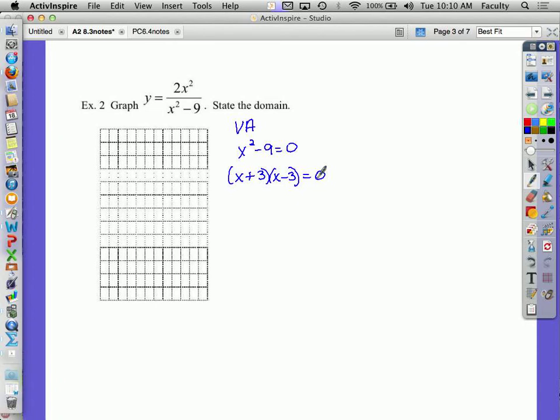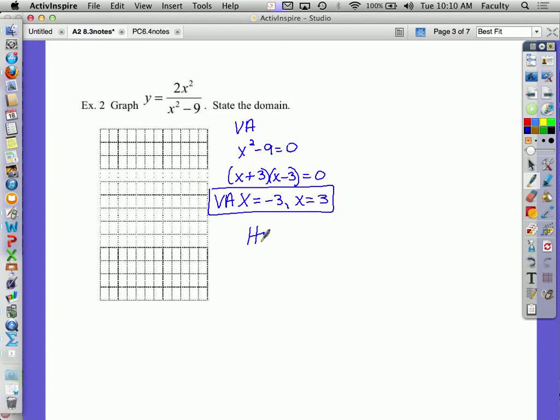I tend to discourage students from the square root property because we forget to do the plus or minus root. So my vertical asymptotes are -3 and +3. Uh-oh, we have 2 vertical asymptotes. We've never seen this before, so we'll see how to handle it.